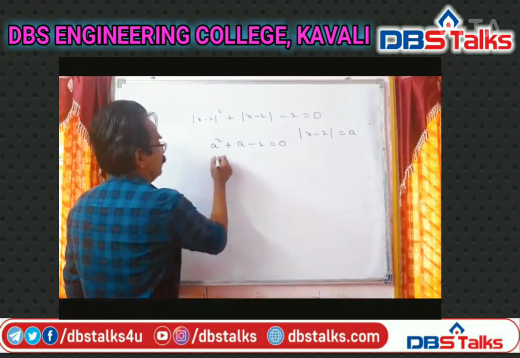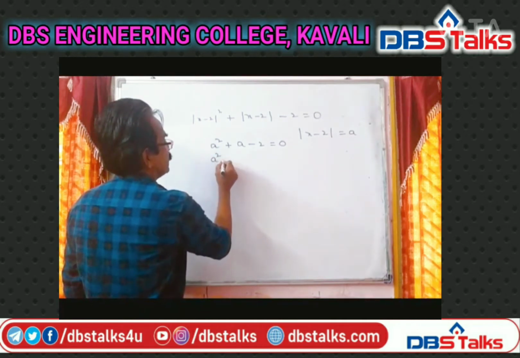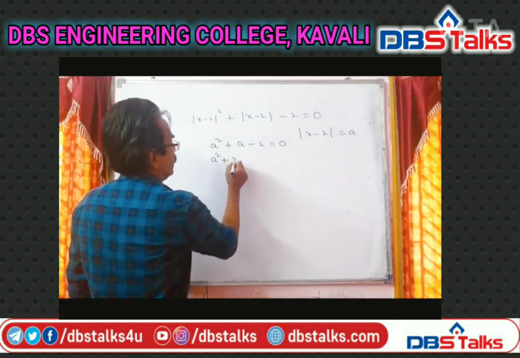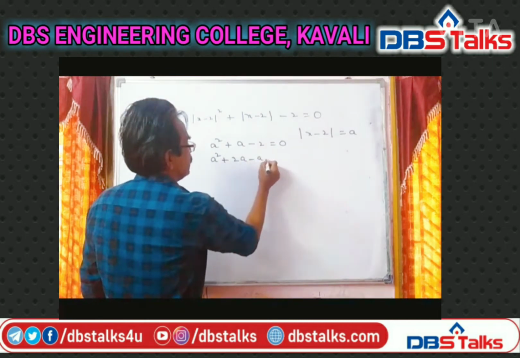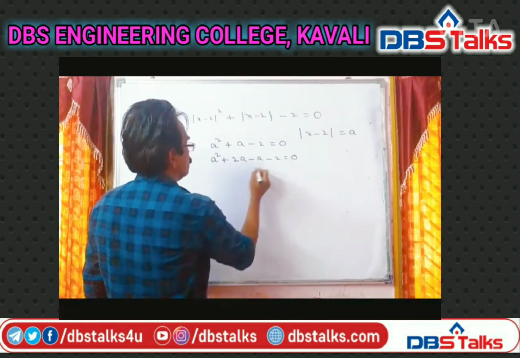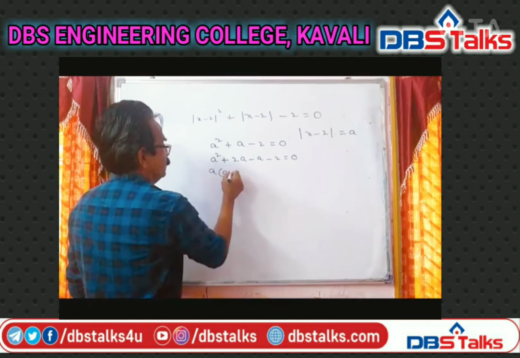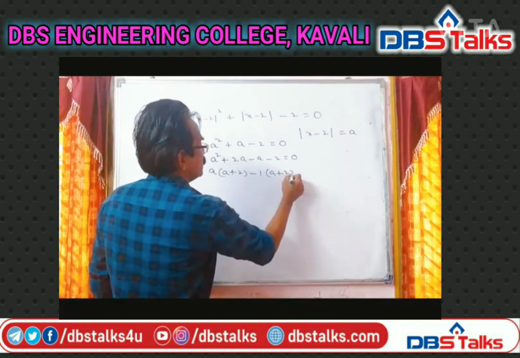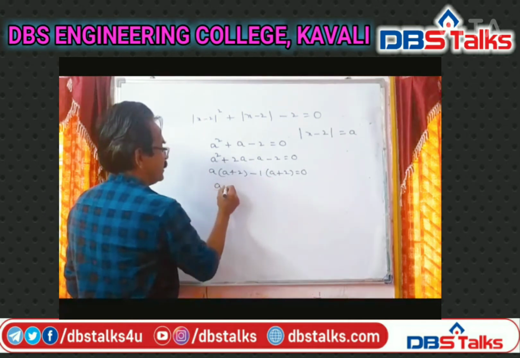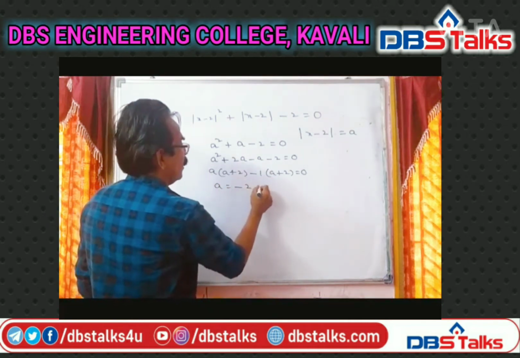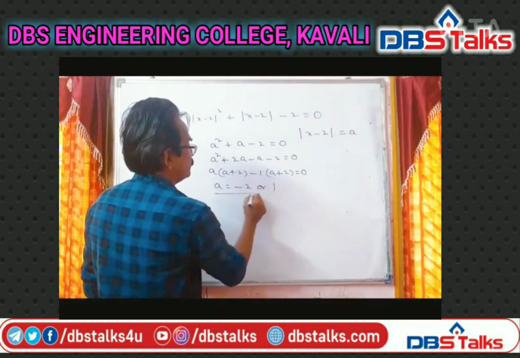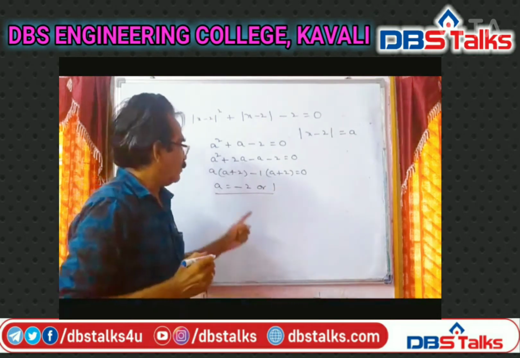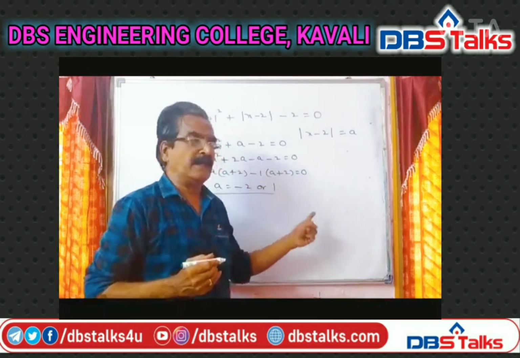This equation will have two values. Splitting the middle term, a into a plus 2 minus 1 into a plus 2 is equal to 0. So a is equal to minus 2 or a is equal to 1.